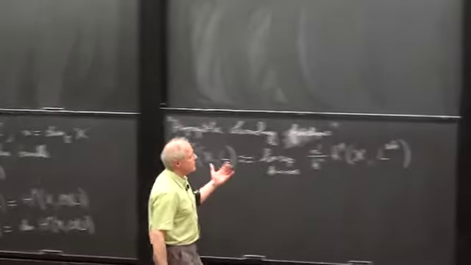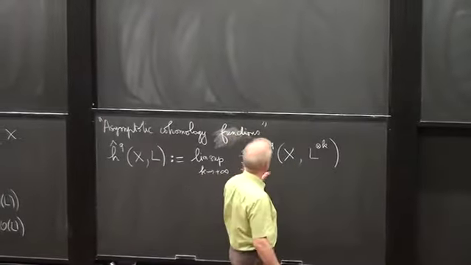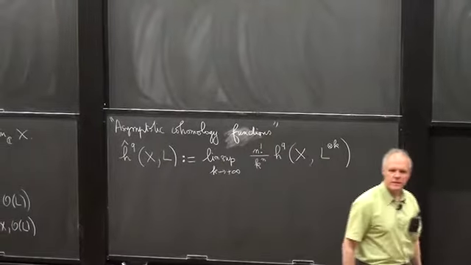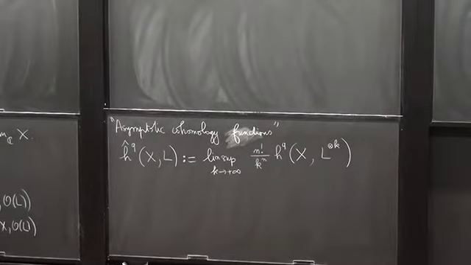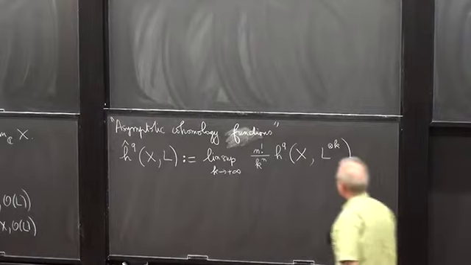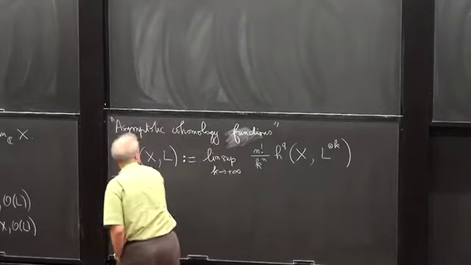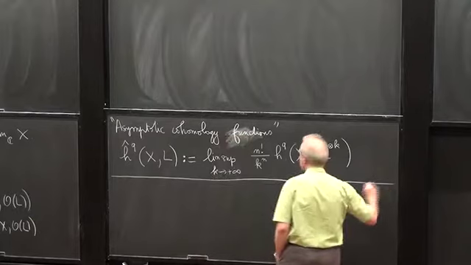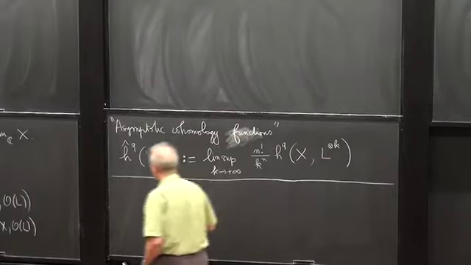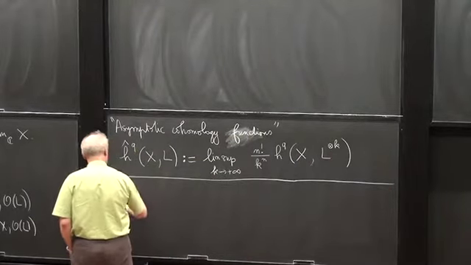Okay, and now you want to understand the asymptotics as k goes to infinity of the growth of the cohomology groups.